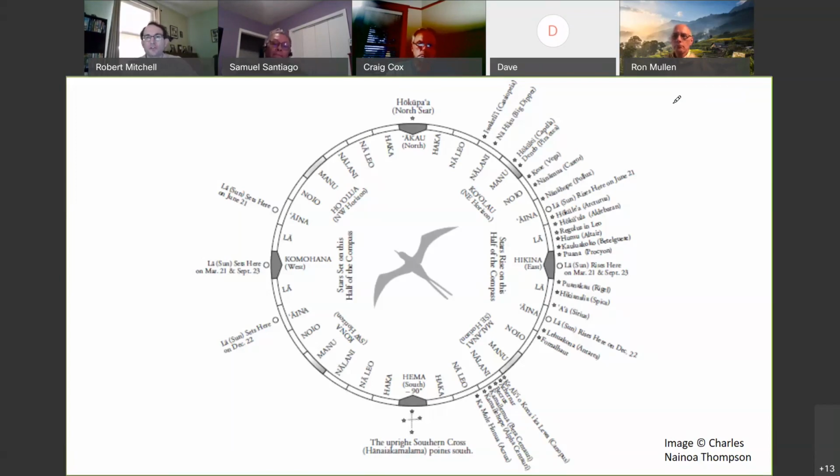Other Polynesian cultures would have had their own compasses. They also had somewhat different languages. I mean, they all evolved from the same root a couple thousand years ago, but they did evolve over time to the point where different islands do have different languages and presumably different names for various stars and constellations. Okay.